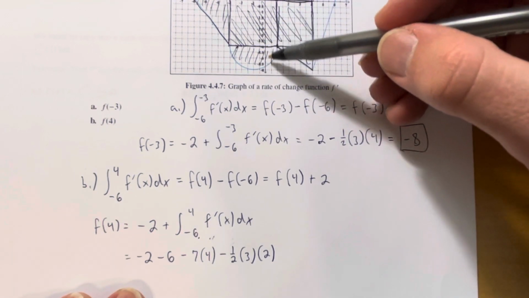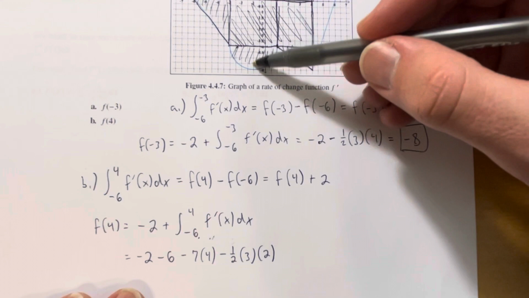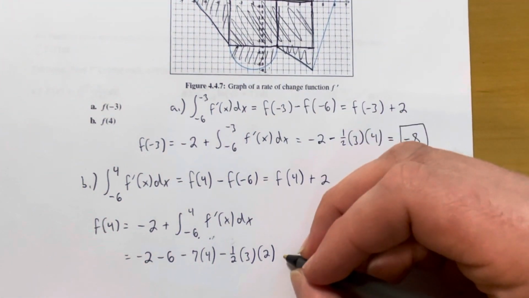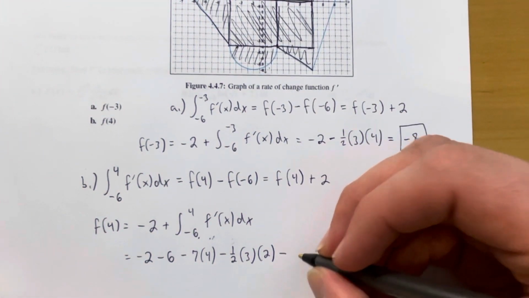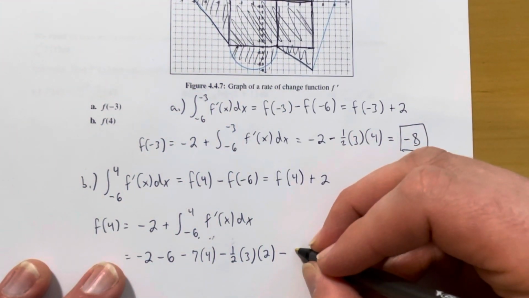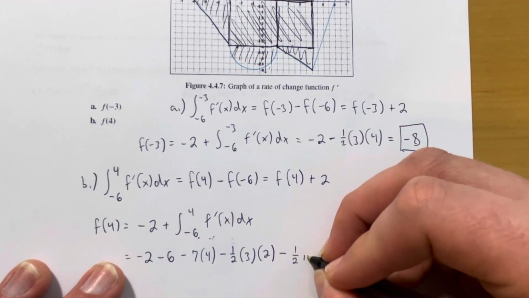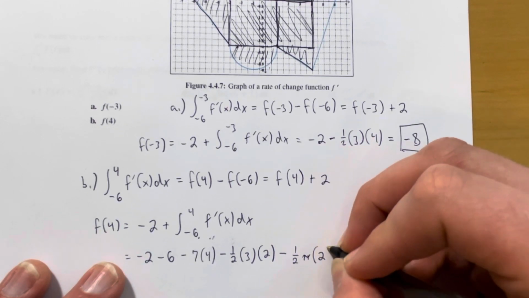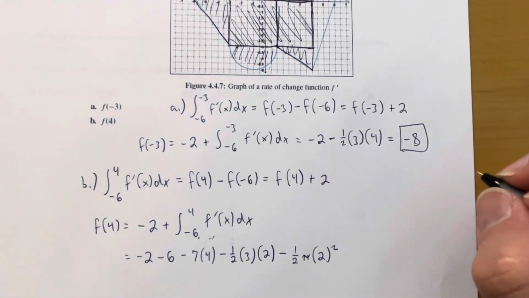That goes from -4 to -6, which means that has a length of 2. So radius of 2. A semicircle is half the area of a circle. So 1/2 pi r squared, 1/2 pi times, I said 2 squared, right?